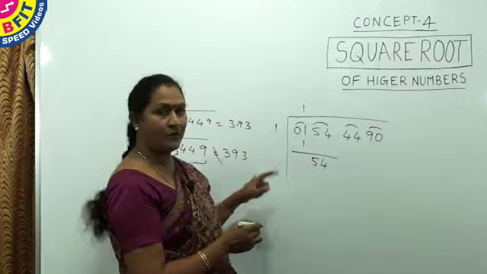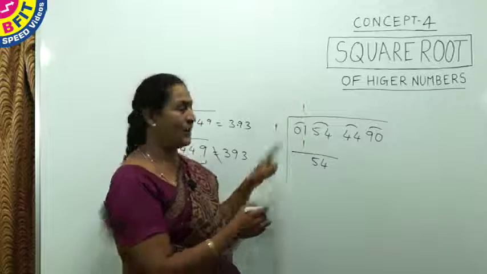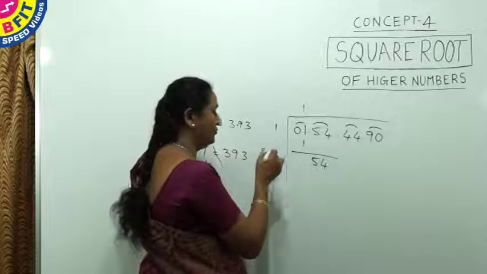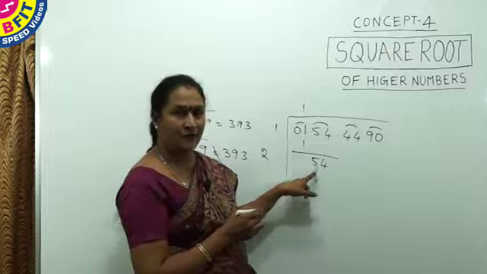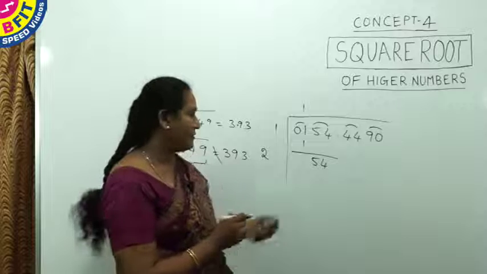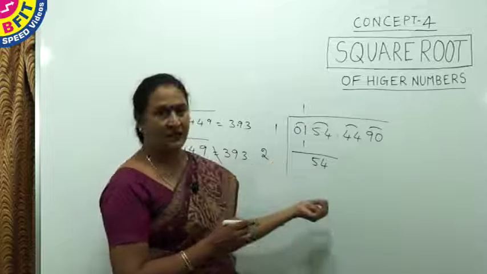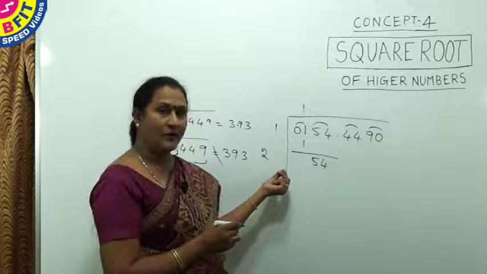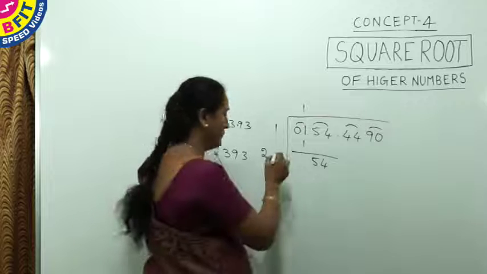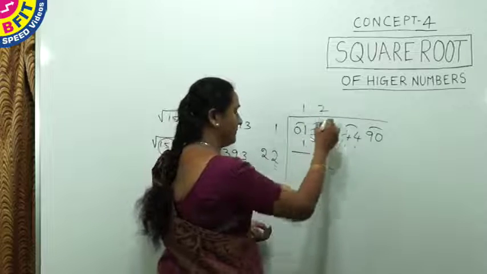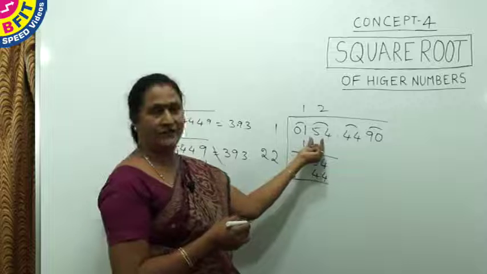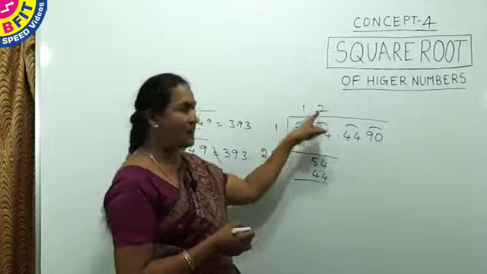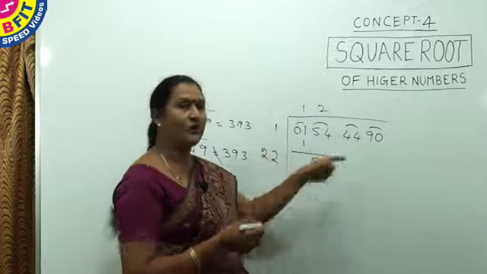The second step of the working is to double the number. So 1 into 2 is 2. What number can we write to get a product nearing 54? When you write 1 it is 21. When you write 2 it is 22 into 2, 44. Or we can check that in 154 the square number is 12, and directly you can write 144.